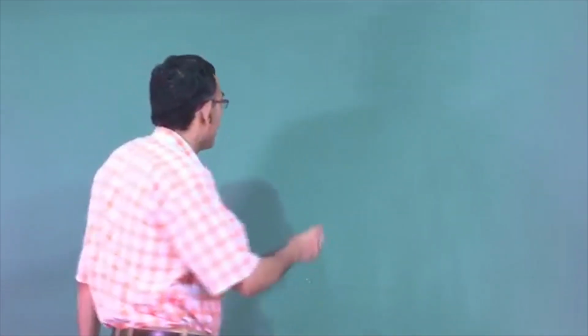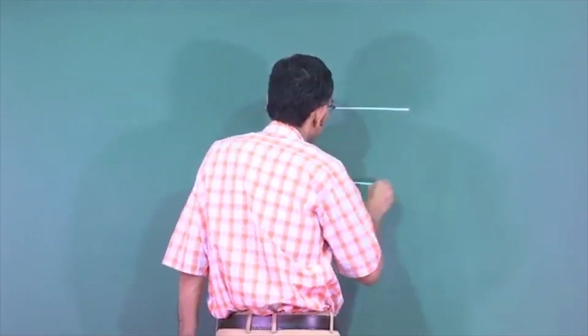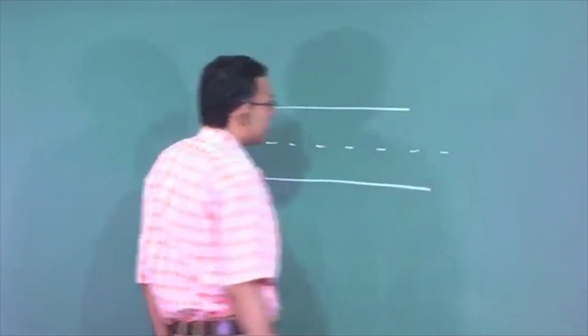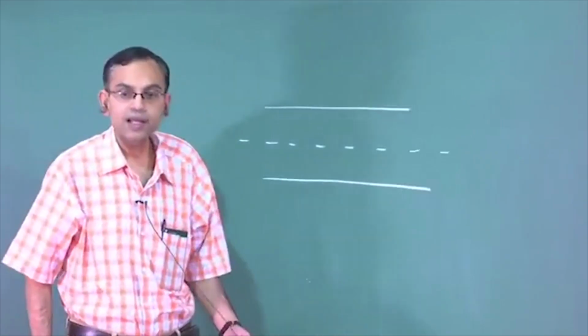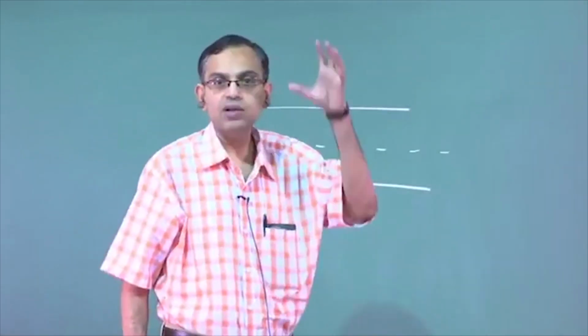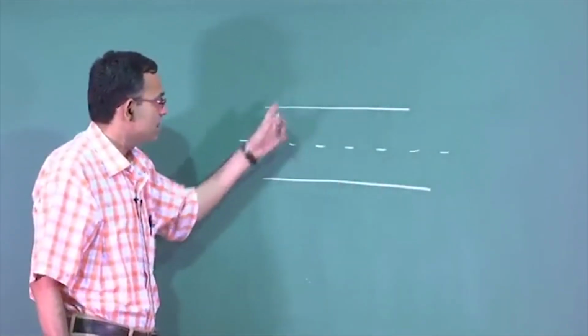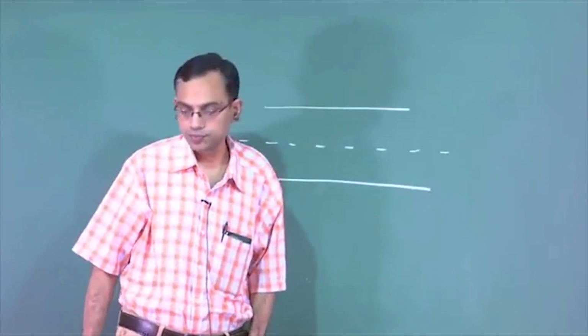So, to understand that, let us consider a circular channel which in the large scale would be a pipe, in a small scale it is a circular micro channel or a micro tube.